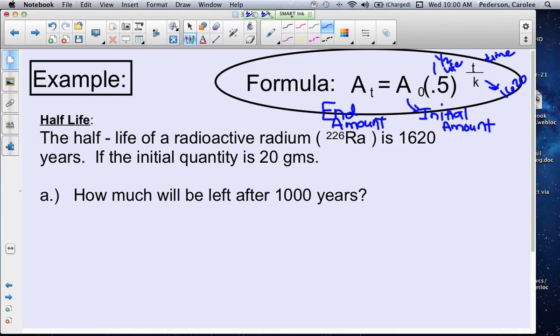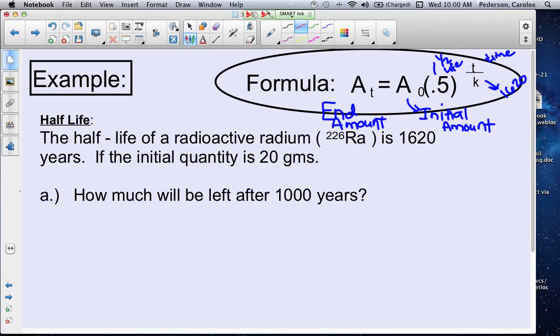So now let's go and find the other pieces. We've identified one thing, 1620 is the K, how long it takes to decrease the radium in half. Where's the T at? 1,000.